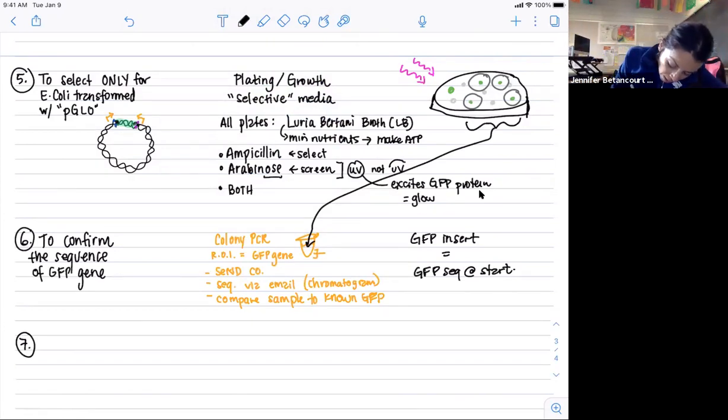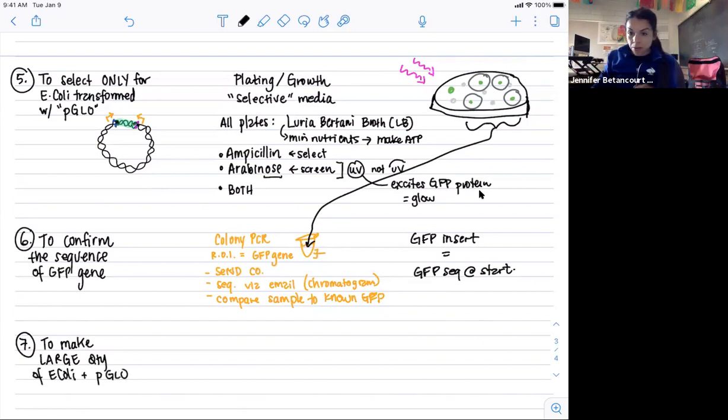So the goal is to make a large quantity of E. coli that have been transformed with pGlow. So type. Amazing. See how cool science is? Okay, so type.